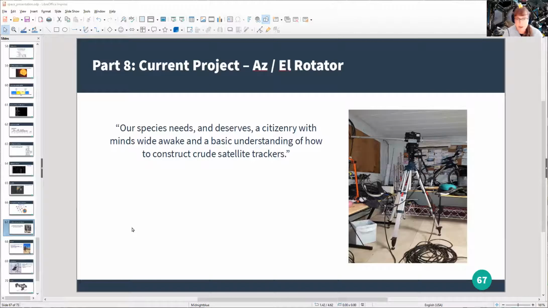So one of my current projects is making an azimuth elevation rotator. One of the things with tracking satellites is you have to track them pretty precisely. For example, earlier we were talking about the NOAA 15, 16, 17, and their APT transmissions.